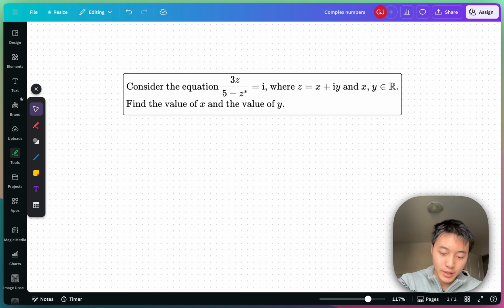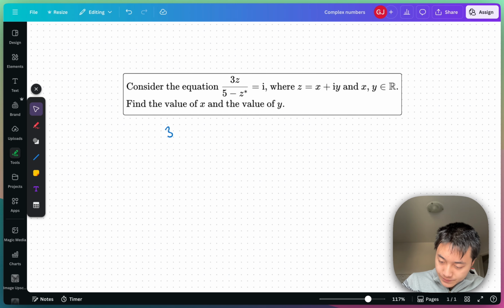So my approach, I feel like this has something to do with equating the real numbers and the imaginary numbers. But the first thing I would do is to just substitute z as x plus iy, and the z star is the conjugate, so we'll deal with that when it comes.